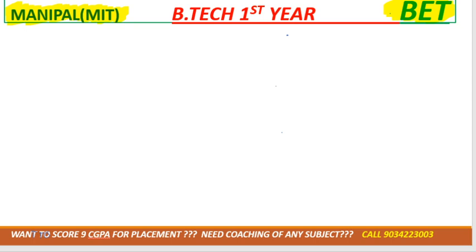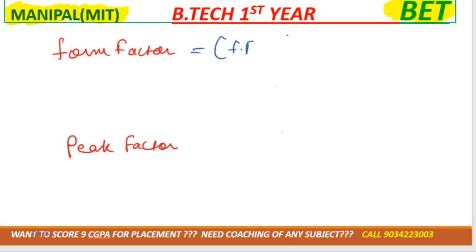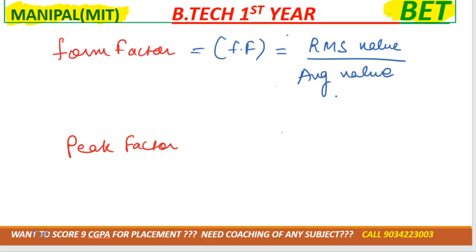Okay, now after this sometimes they'll ask you two things. One is the form factor and another one is the peak factor. Form factor is denoted by FF and its formula is RMS value divided by average value.